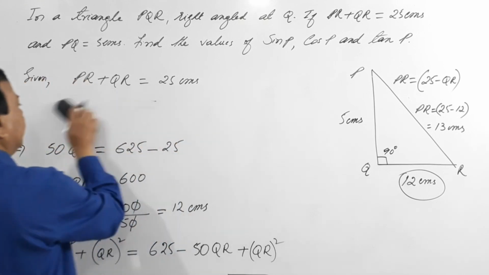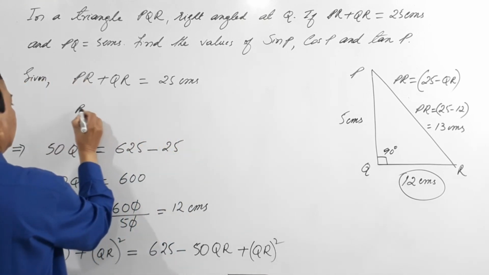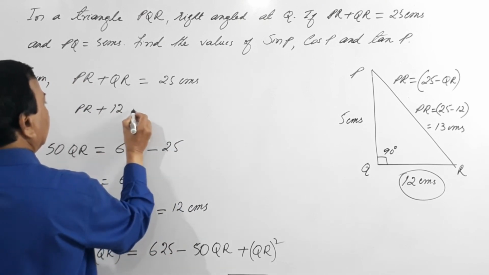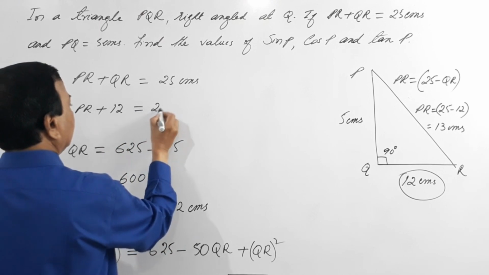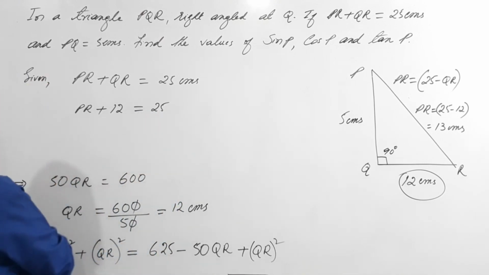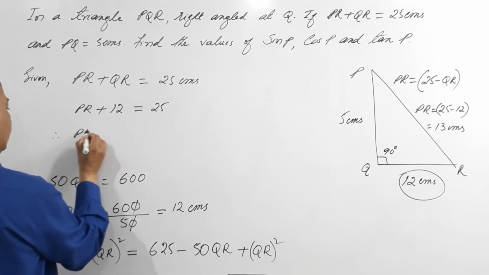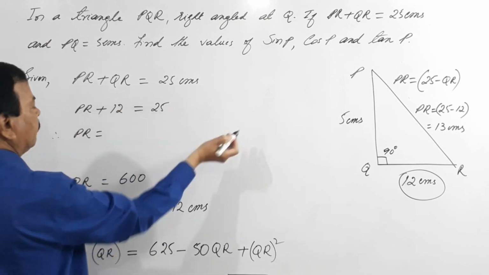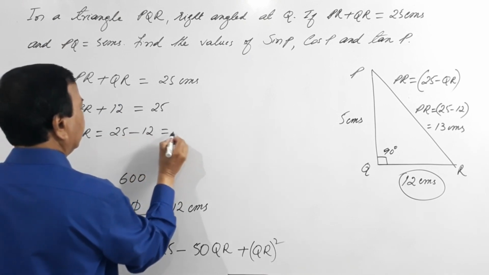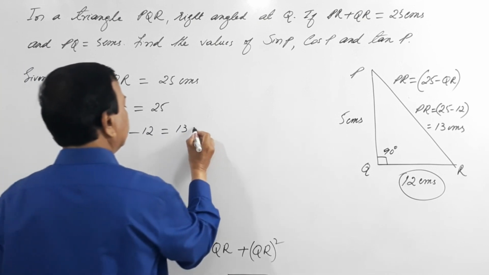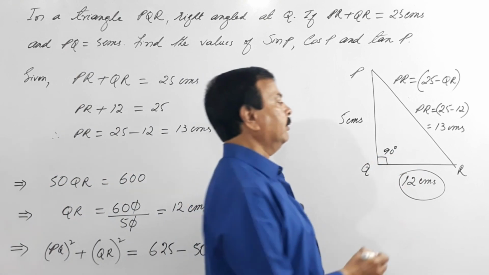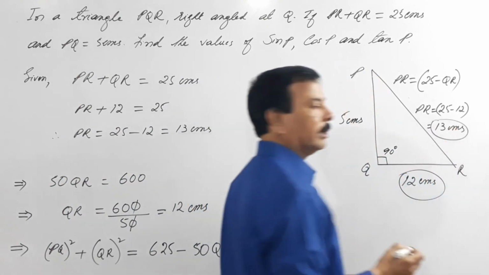Okay, I'll write one step so that you will not get confused. So PR plus QR, that is 12 centimeters, equals to 25. Therefore, PR will be, I'll send this to the right hand side, this becomes 25 minus 12, that is nothing but 13 centimeters.